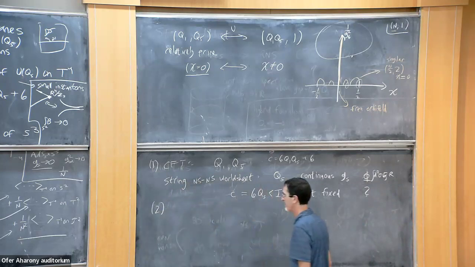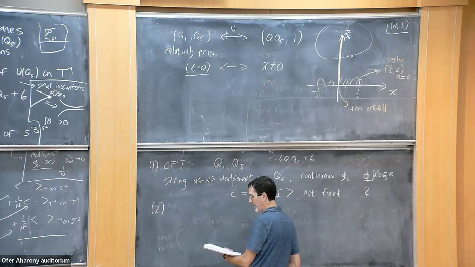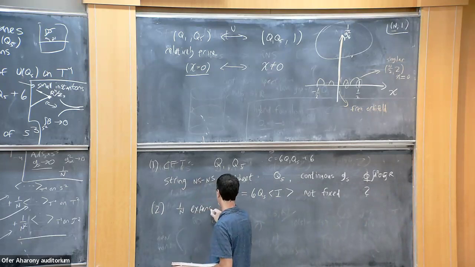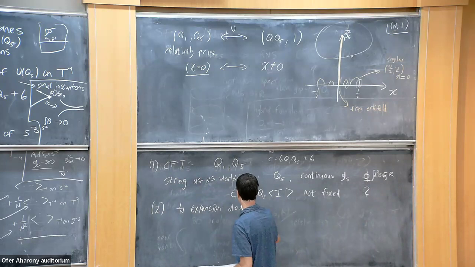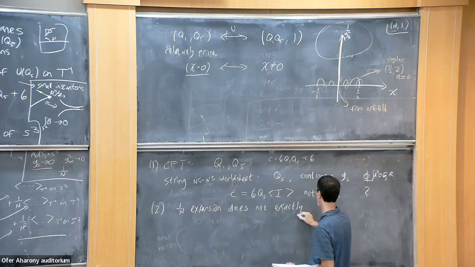The second aspect of the confusion is that, as I said, the perturbation theory in the NS background naively maps to the 1 over n expansion of this symmetric orbifold. But it turns out that this 1 over n expansion does not exactly match string perturbation theory.